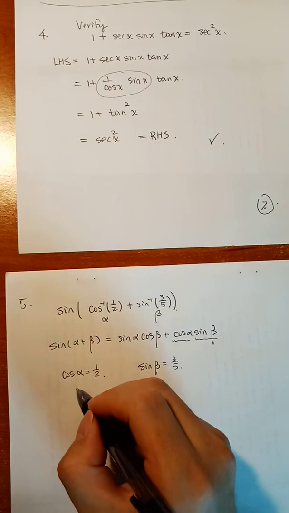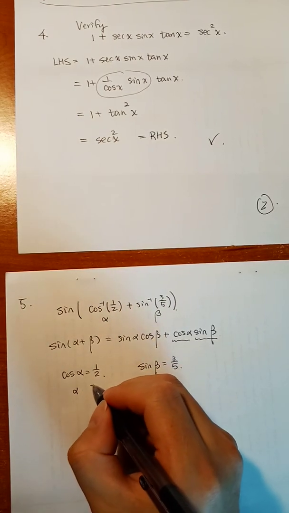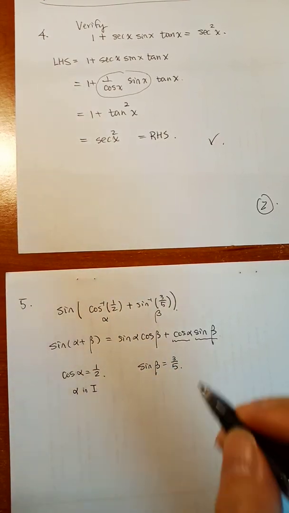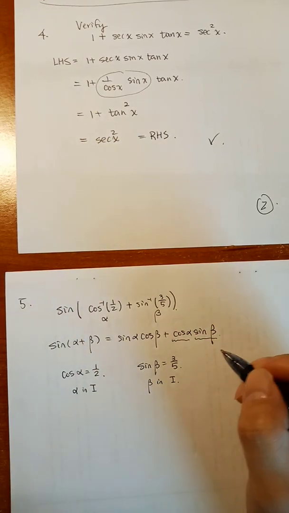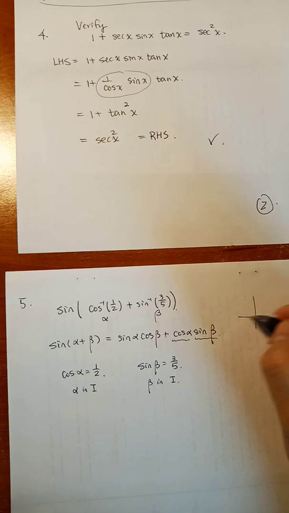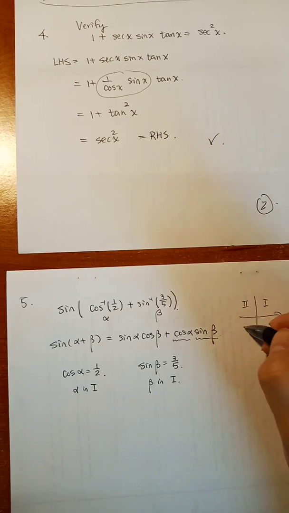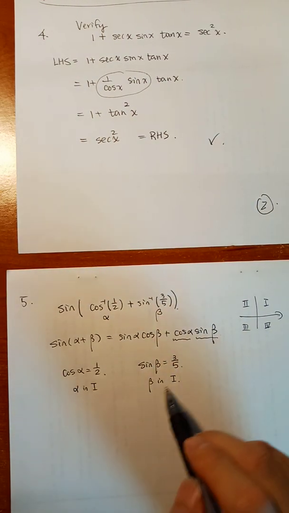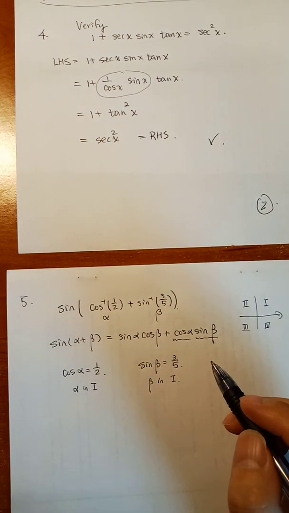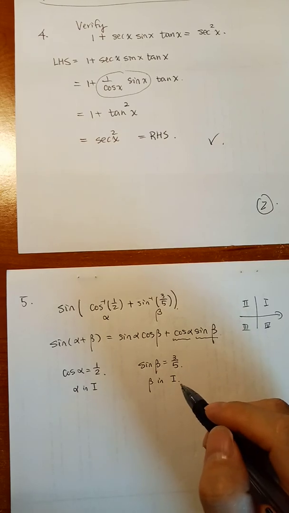Alpha is in quadrant 1. Beta is also in quadrant 1. Then sine alpha is positive, cosine beta is positive, both in quadrant 1.